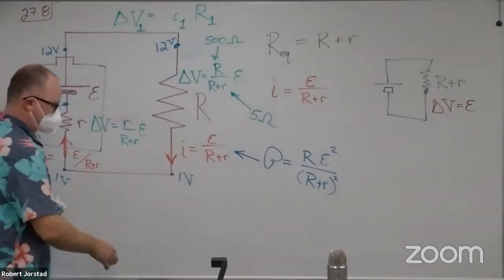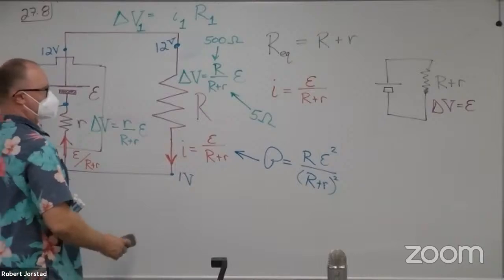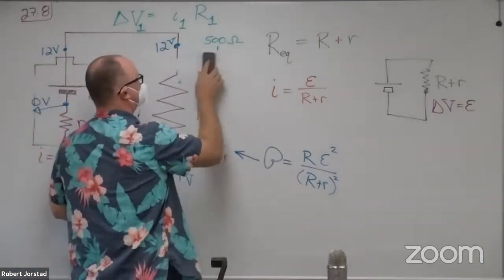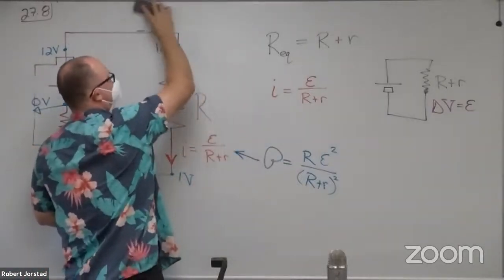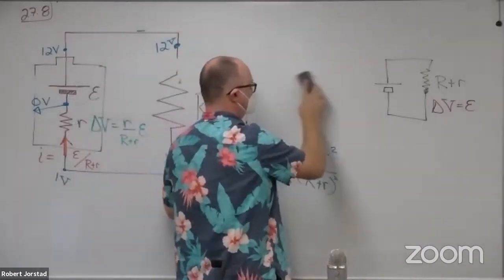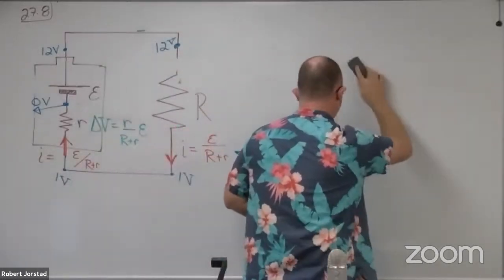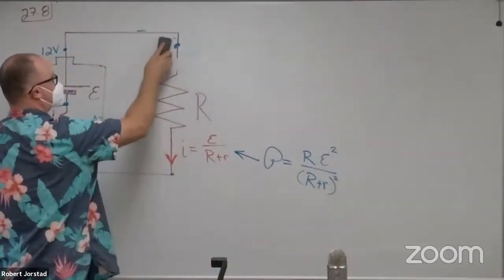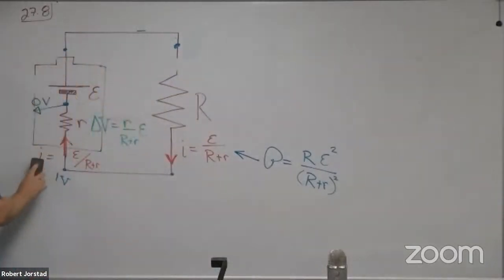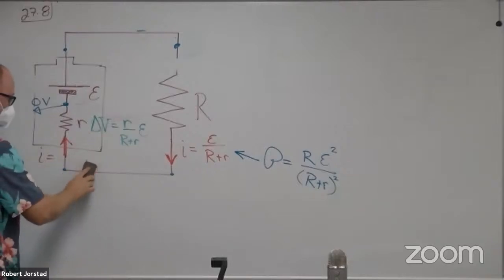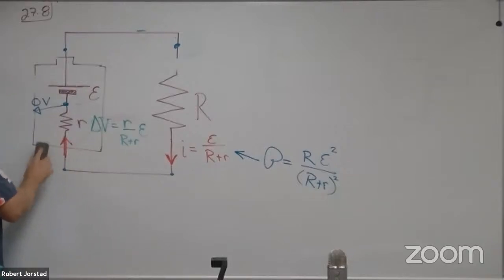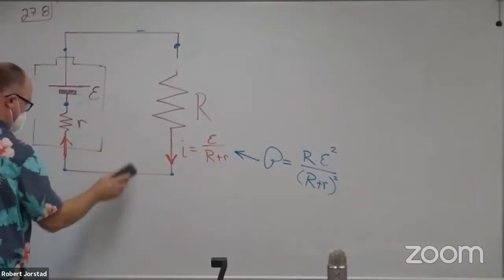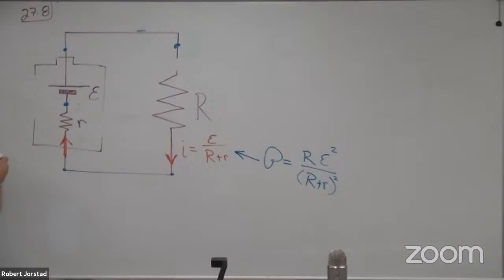I need to erase some stuff to make some space. So I'm going to erase some stuff. So right now, let's forget about all these numbers. Let's say we did some math here. We figured out all kinds of neat stuff. That's really cool. And right now, this is what we know.